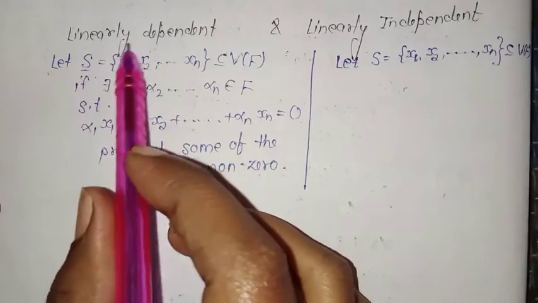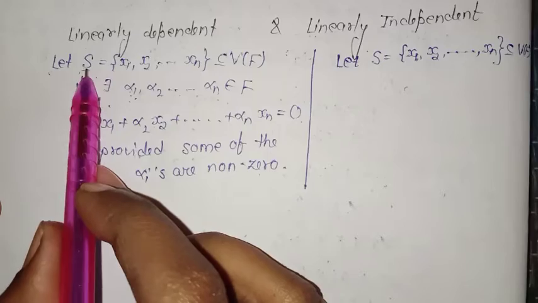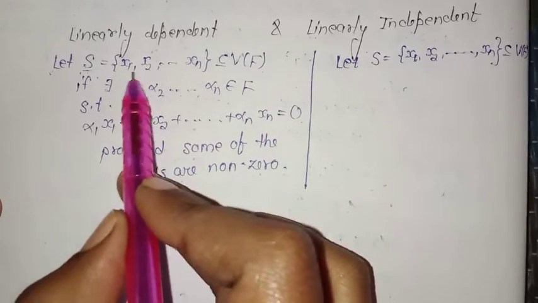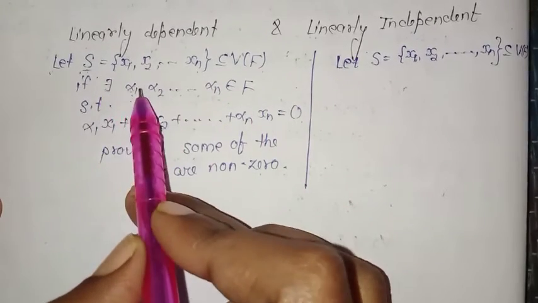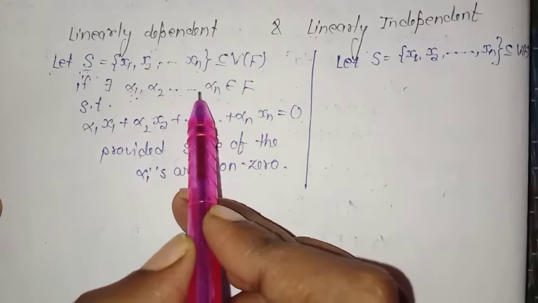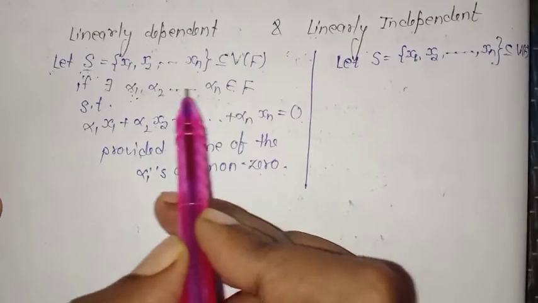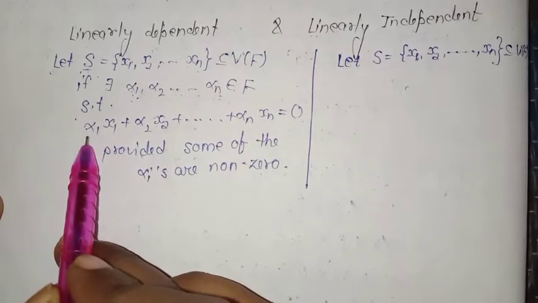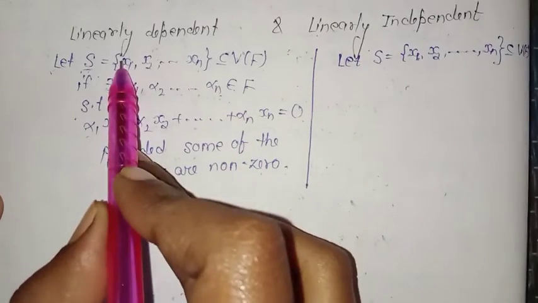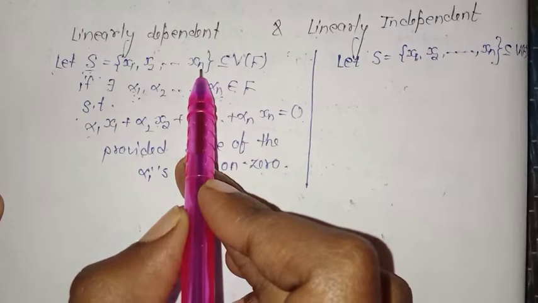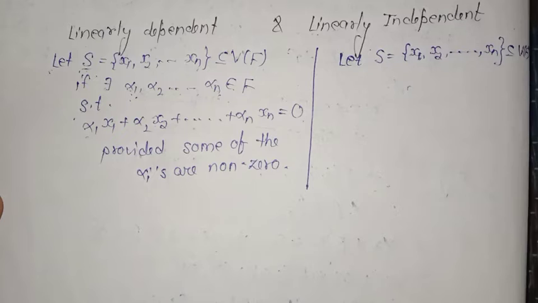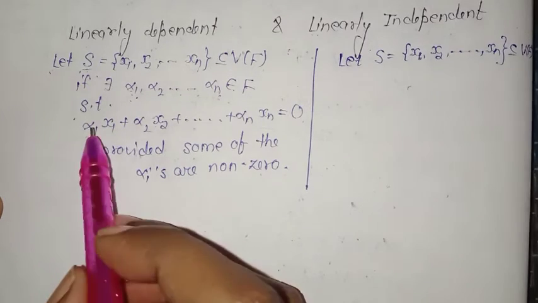In this definition we have seen that we have a set of n vectors which is a subset of V over F, and corresponding to these vectors there exist n scalars alpha 1, alpha 2, and so on alpha n belonging to F, and all scalars cannot be 0 in this case, such that the linear combination of these n vectors x1, x2, and so on xn together with the scalars alpha 1, alpha 2, and so on alpha n is equal to 0.